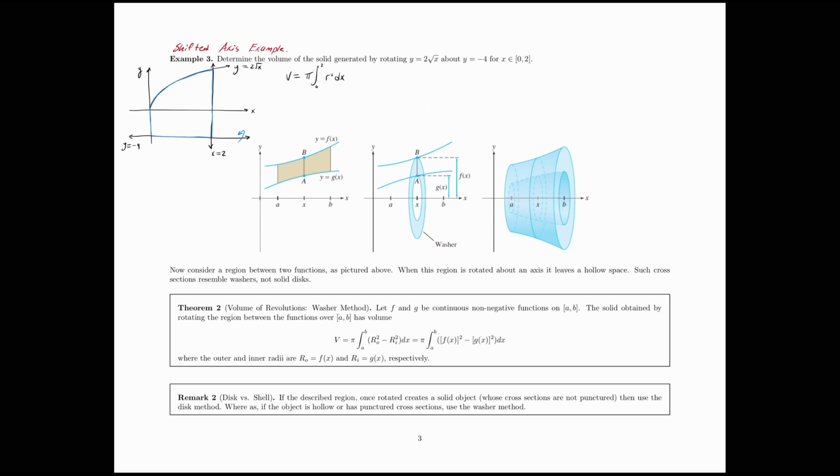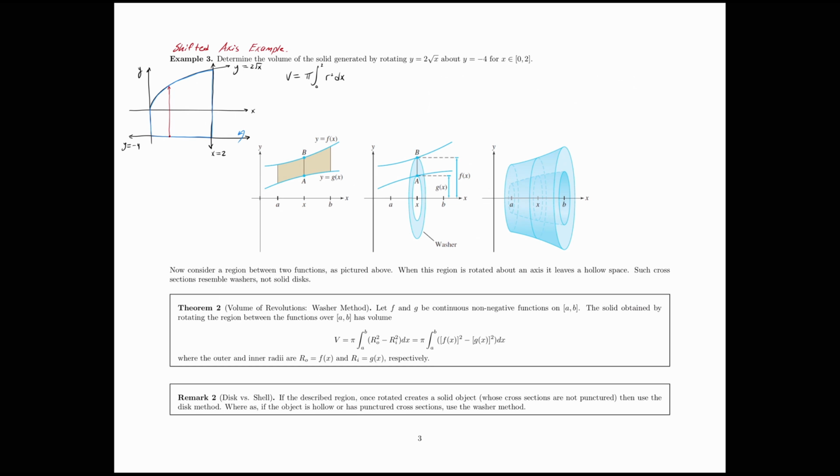Now the radius is going to be a little bit different to calculate here. The radius, as we talked about in the previous video, is always measured from the axis of rotation. So I'll pick a representative x value, something between 0 and 2, and sketch a line to our curve.